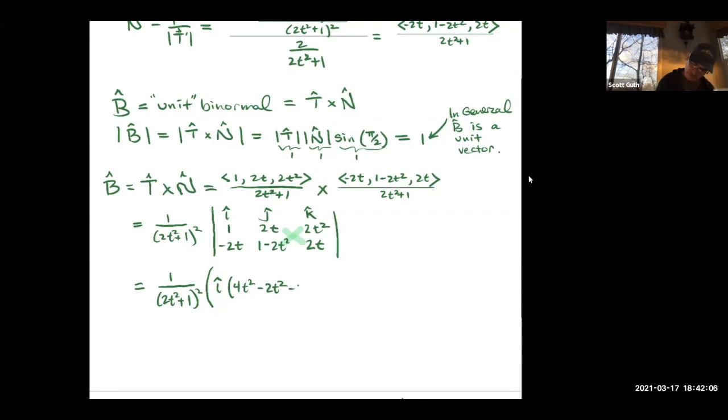No, I think it becomes a plus, right? Yeah, plus 4t to the fourth, like that. I hope. 4t squared minus 2t squared plus 4t to the fourth. Looks good. Minus j hat.